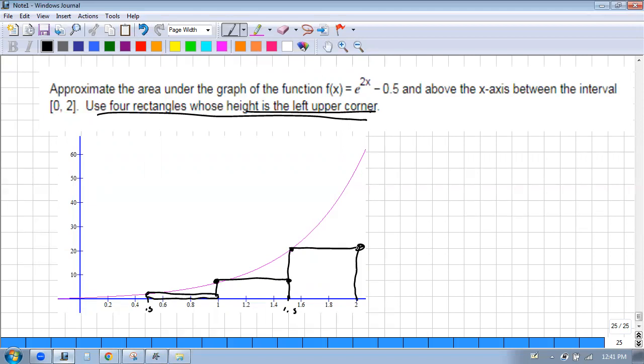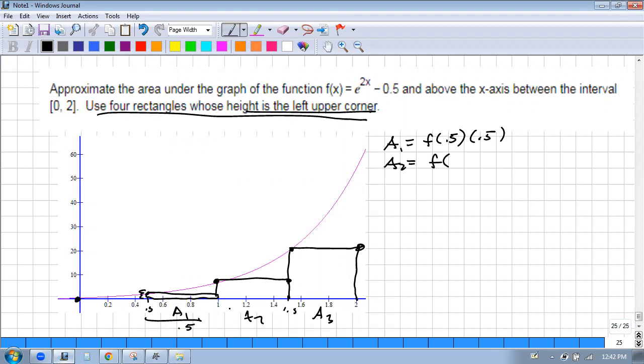all right, so that's the approximation that they want you to do, right? Since the first one is at basically 0 here, going through the origin, there's really just three rectangles we want to add up. So I'll call this one A1, A2, A3. A1 is going to be f of 0.5 times 0.5, because the width here is 0.5, and the height is f of 0.5.